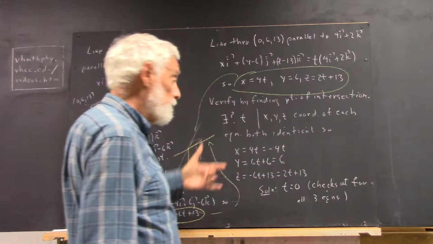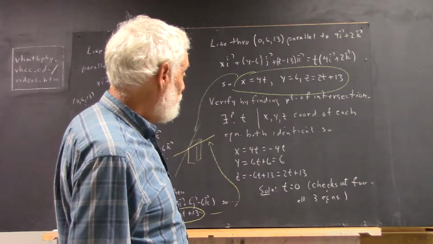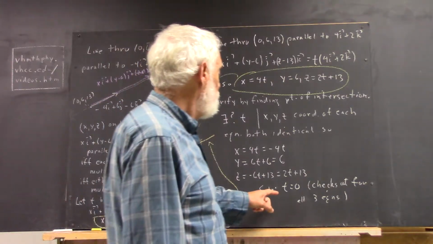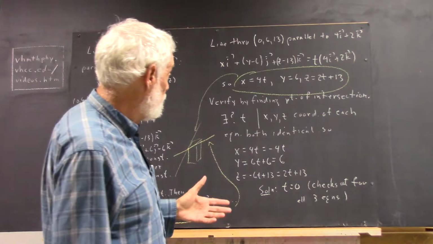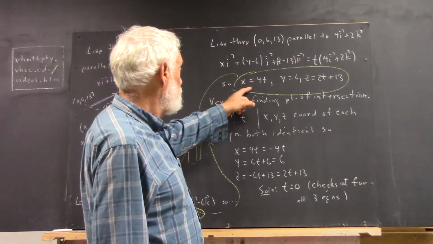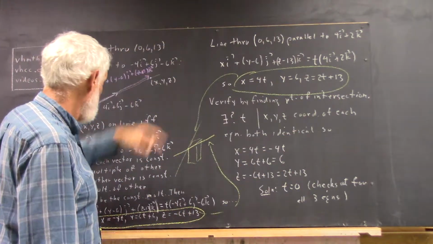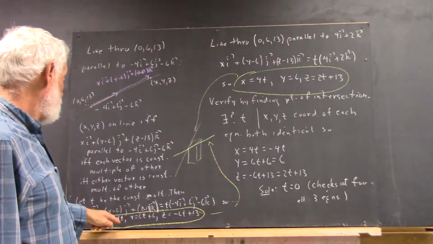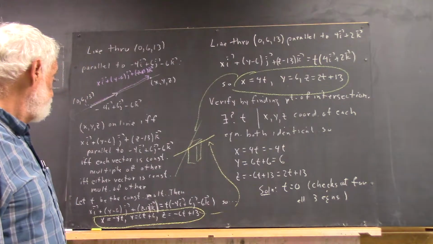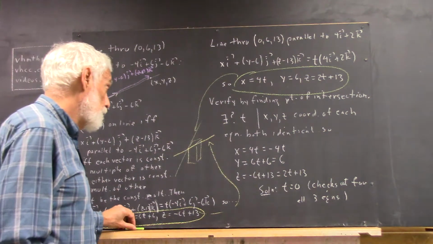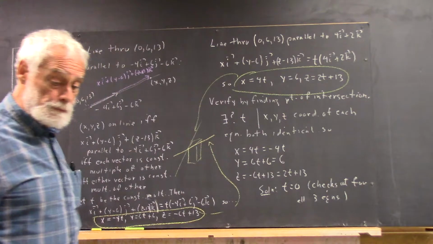These equations can be solved by reducing a matrix or by any of a number of methods. When t equals 0, x is 0, y is 6, z is 13, that's (0, 6, 13), for both lines. More on that later, but this proves at least that these two lines do intersect at this point.